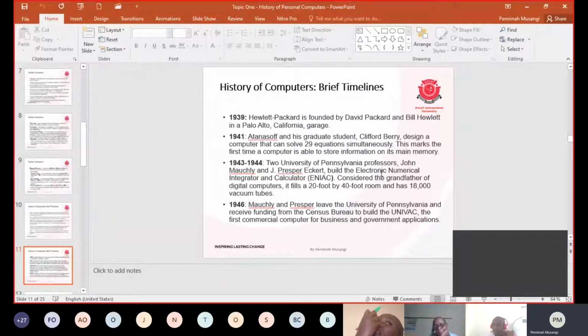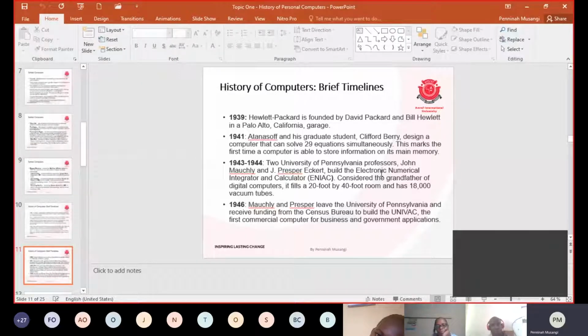So you needed to set aside such a room where it could be fitted. And it used 18,000 vacuum tubes for circuitry to provide power across all the parts in the computer.